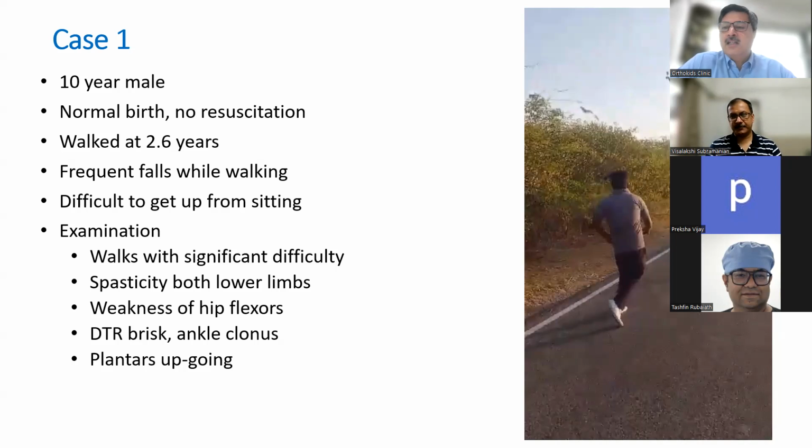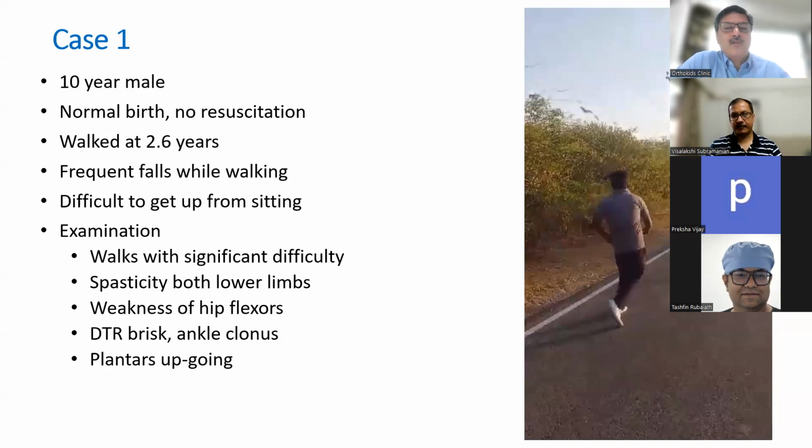That's one. There is delayed milestone, frequent falls while walking. When you say difficult to get up from sitting, that means there is proximal muscle weakness. I know the diagnosis, but I'm trying to bring differentials to the fellows, such as vitamin D deficiency induced myopathy, which we saw a lot of in patients after the COVID lockdown.